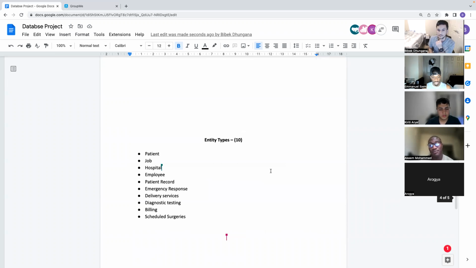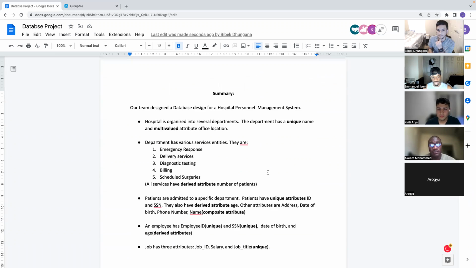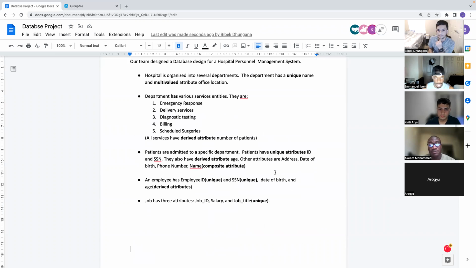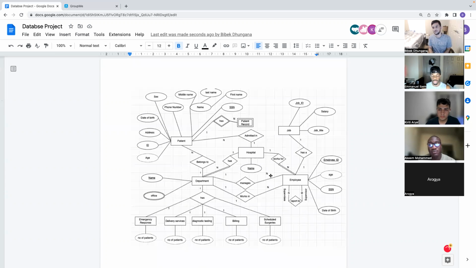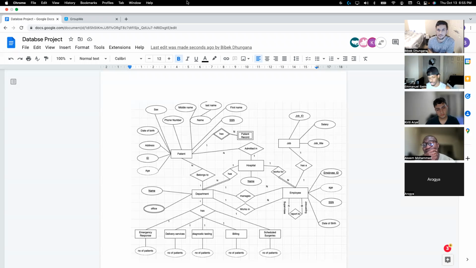I think we can summarize now. Back to Emmanuel. We've successfully modeled a hospital personnel system. Our ER diagram can keep track of everyone in the hospital, including the patients. That is why we didn't need to dive in depth into the doctors and the nurses, because they all fall under the employee category.